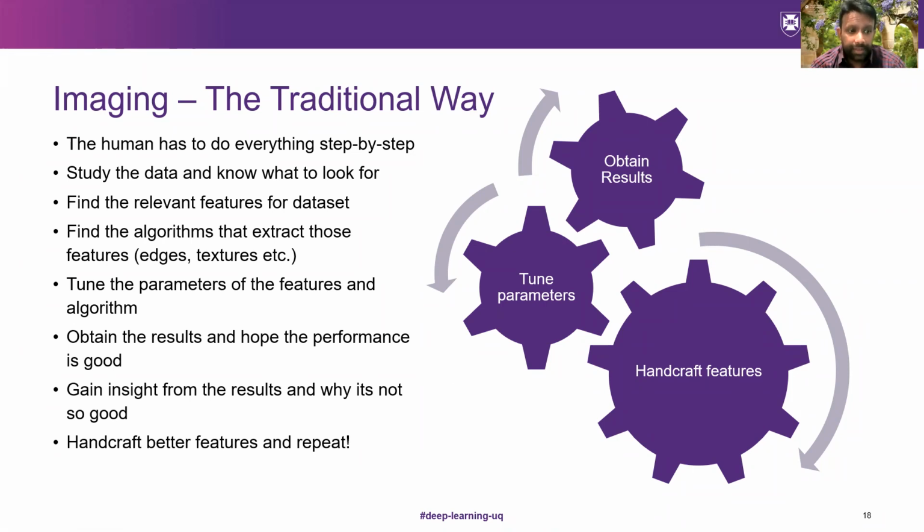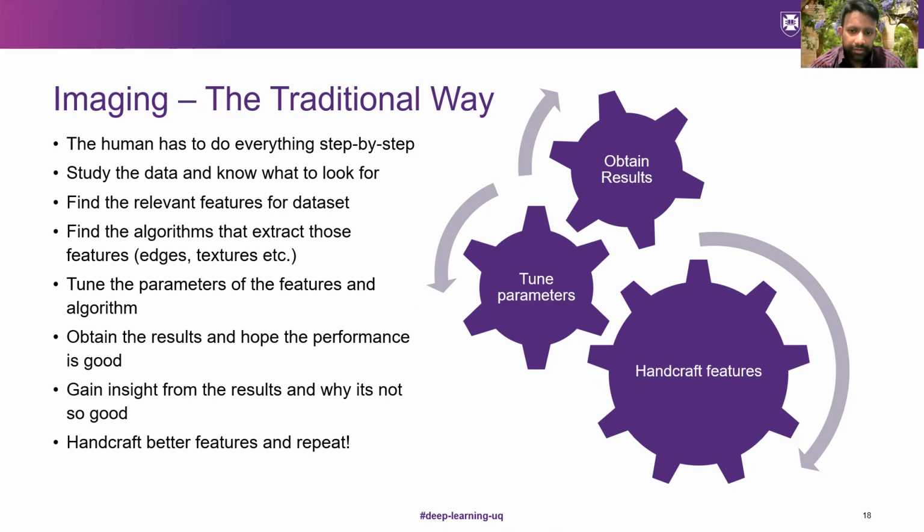And that's not always the case, so you really rinse and repeat. You may need to replace your features, you may need to try again, and you keep turning these wheels until you end up having good results. In medical imaging, for example, it has taken years.